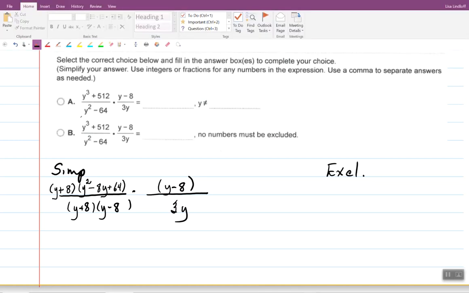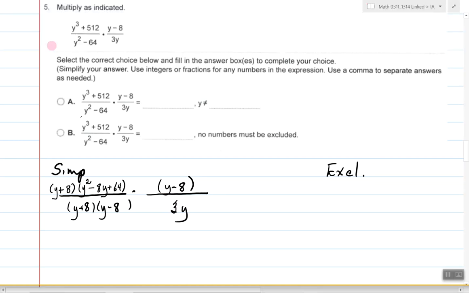So let's see what I have that's alike. I have a y minus 8 and a y minus 8. I have a y plus 8 and a y plus 8. I hope you remember that the trinomial you get when you factor the sum or difference of cubes can never be factored any further.